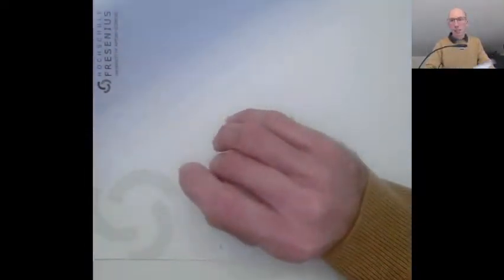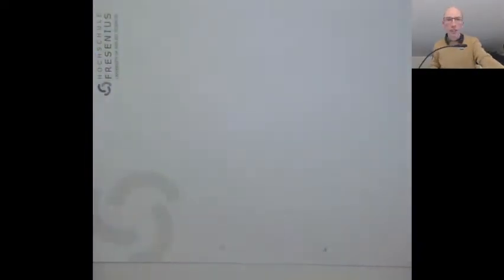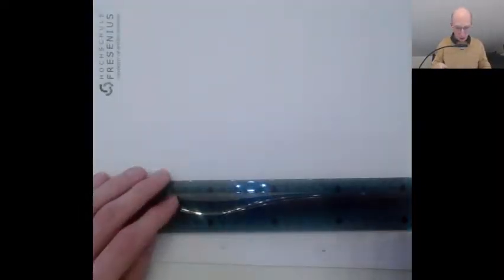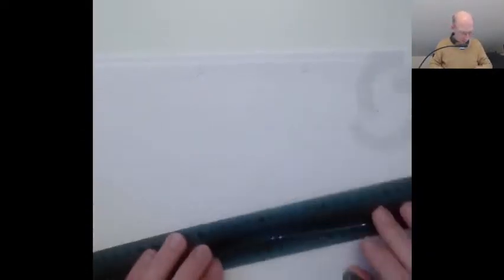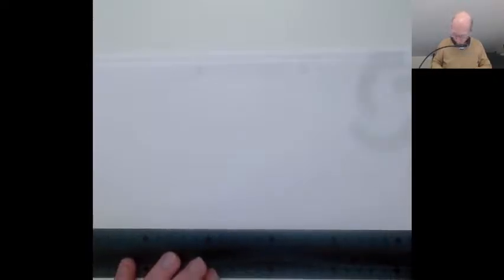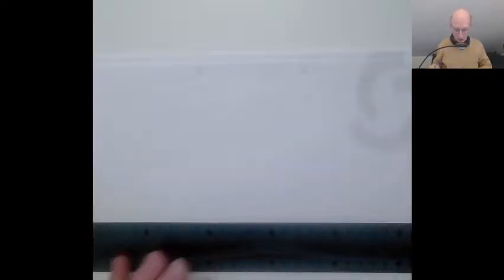So let me show. What she originally did is we take one sheet of A4 paper, and let me turn that around so this is on the right side, and we're going to separate this into 3 lanes.